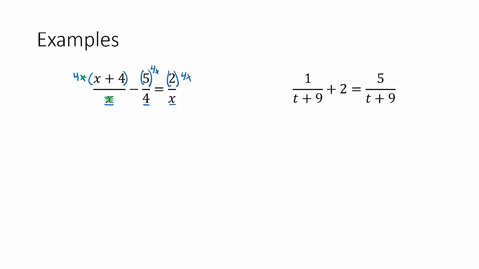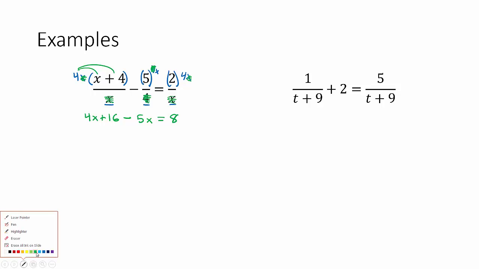The x divides out, and I get 4 times x plus 4. The 4's divide out. I get 5 times x. And the x's divide out. So 4 times x plus 4, if I distribute, that's 4x plus 16. Minus 5x equals 2 times 4, which is 8.